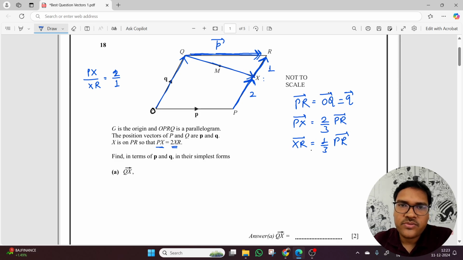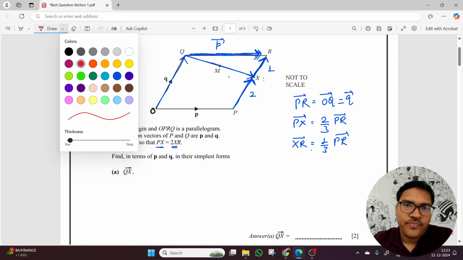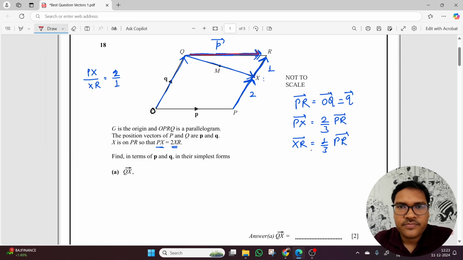So in this triangle, let me use a different color here. We have this direction vector, this vector. So you have to write QX vector. So I can say what is QX vector.